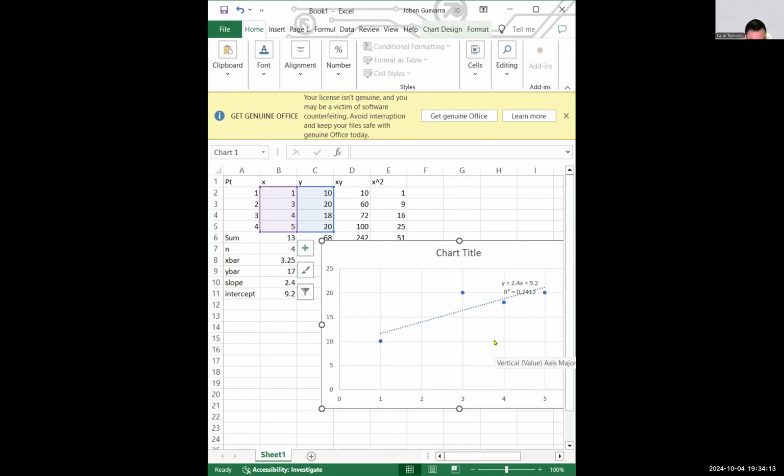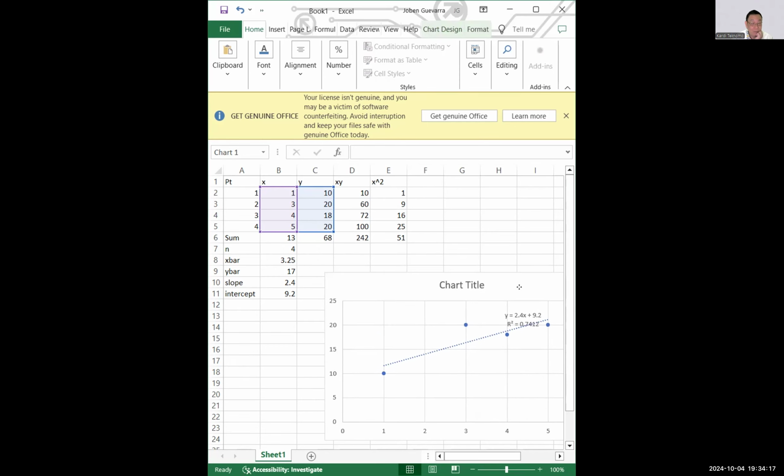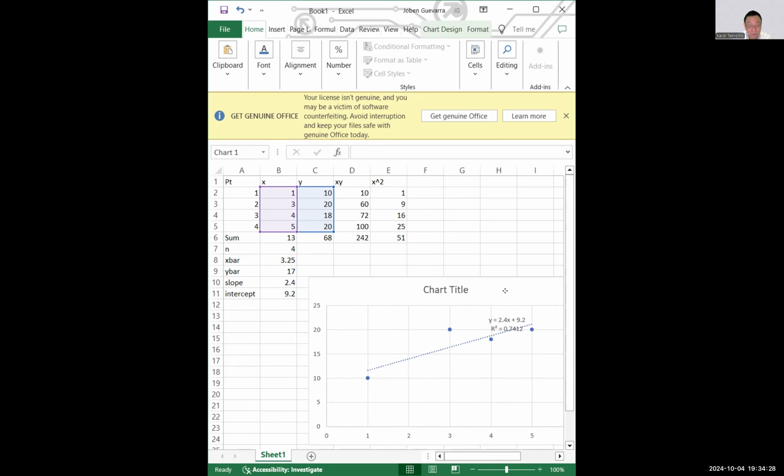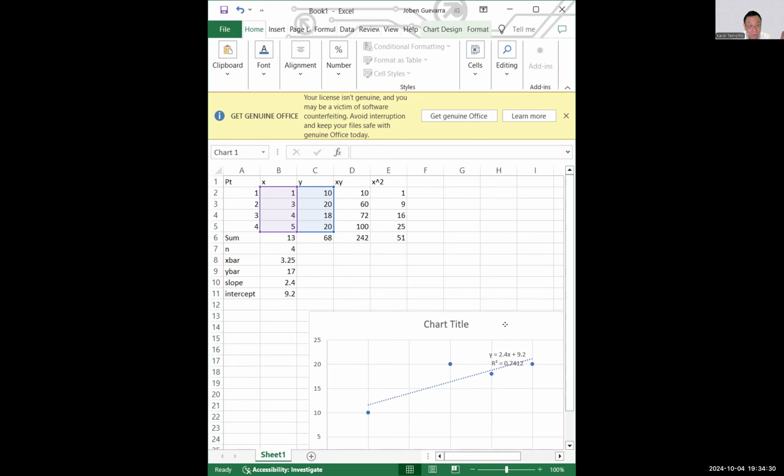Yeah, it's 0.7. Well, if you have only a little data like this, you probably want to get a different model, not linear in this case. Because the value of R square is low, you probably want to try a different model. Okay, thank you, Joven.